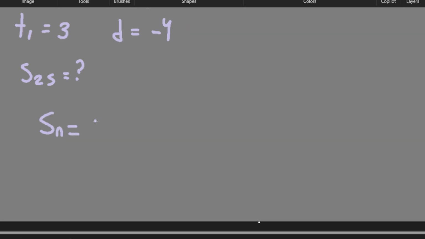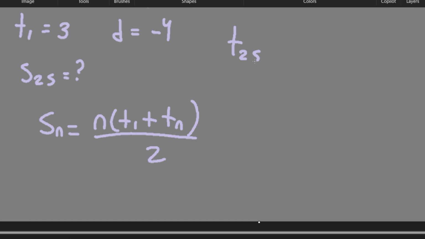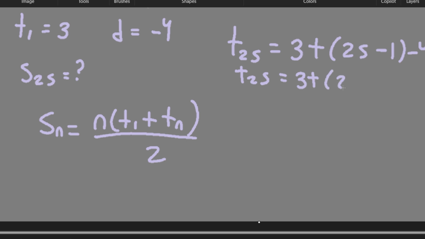So for this one, you're given barely any info. If you want to use this formula right here, you have to know what T25 is going to be. So let's just do that. T25 is equal to T1, which is 3, plus 25 minus 1. The common difference is negative 4. So T25 is equal to 3 plus 24 multiplied by negative 4.